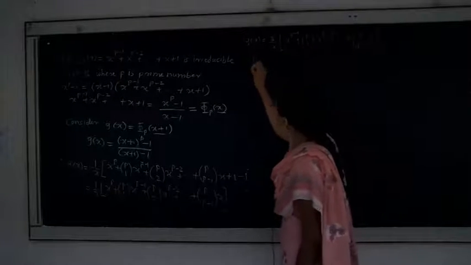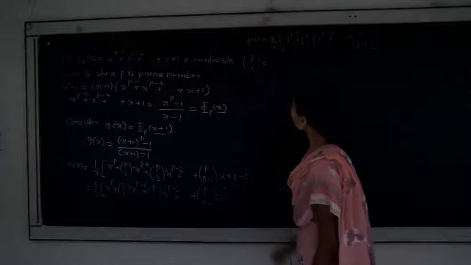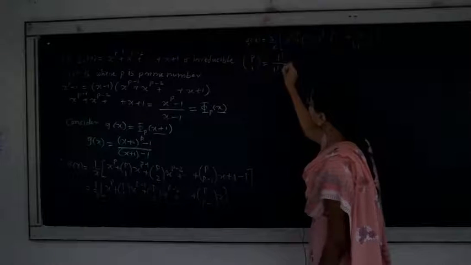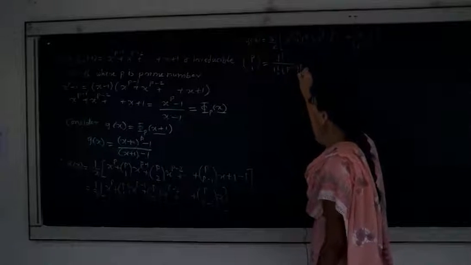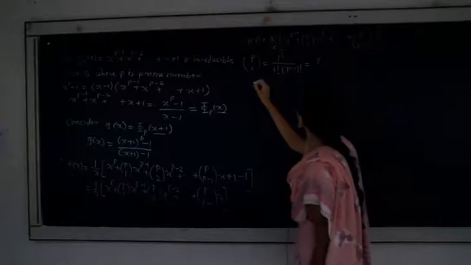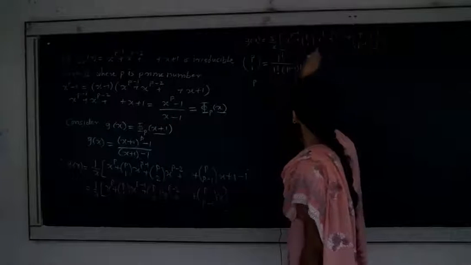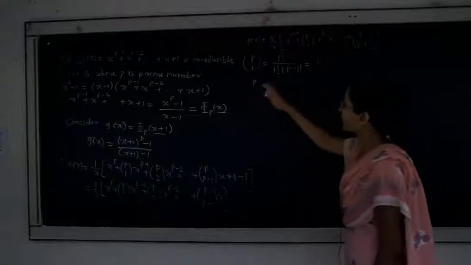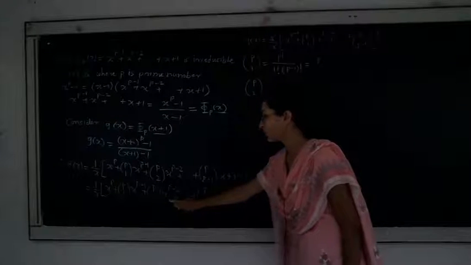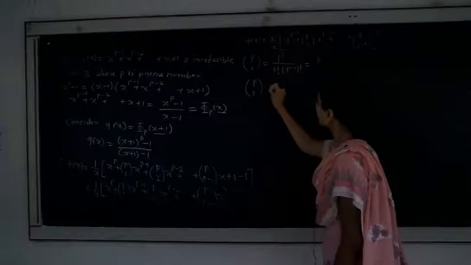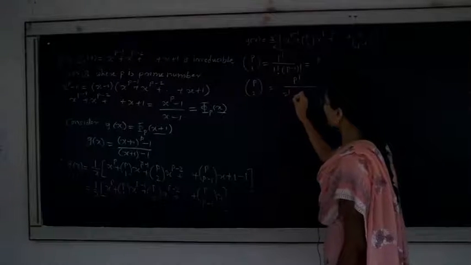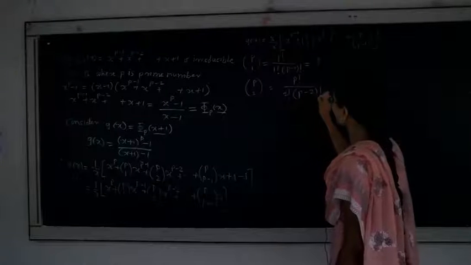See the values of p choose 1. You know that value. This is equal to p factorial upon 1 factorial into p minus 1 factorial, which is equal to p. Similarly, the third term has coefficient p choose 2. This coefficient p choose 2 of the term x raised to p minus 2 is equal to p factorial upon 2 factorial into p minus 2 factorial.